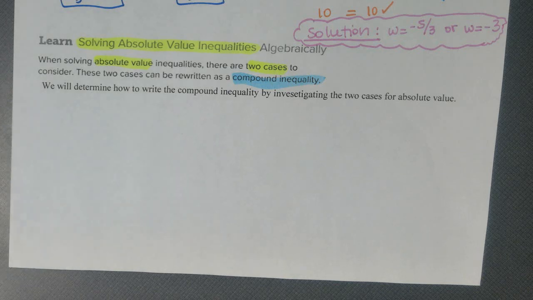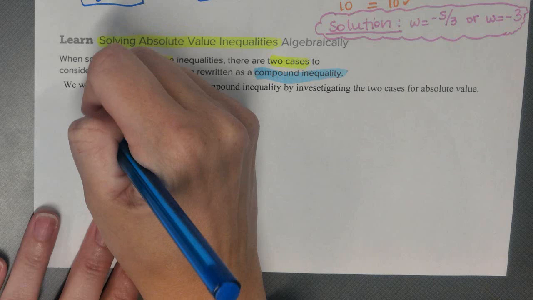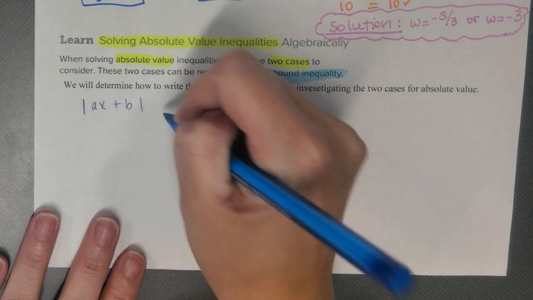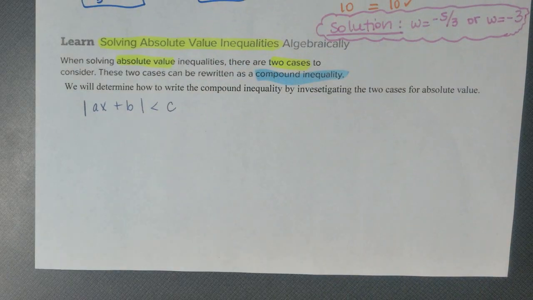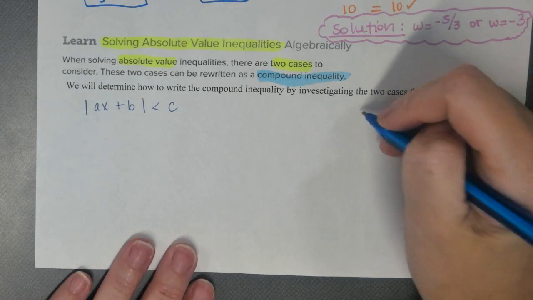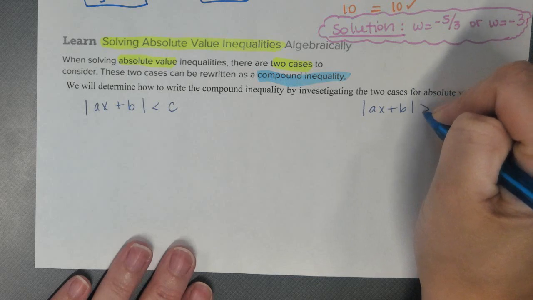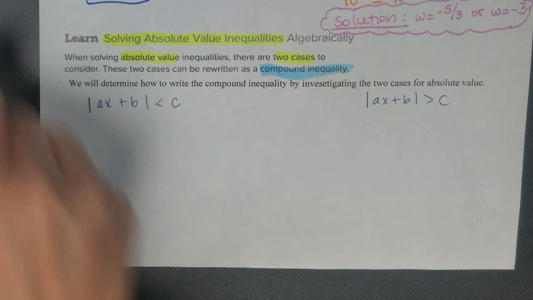So when you have inequalities, you're either going to have the ax plus b form is less than c. That's one of the inequalities you can have. You can have the less than case, or you can have the greater than case. The first thing we're going to do is investigate this less than case.